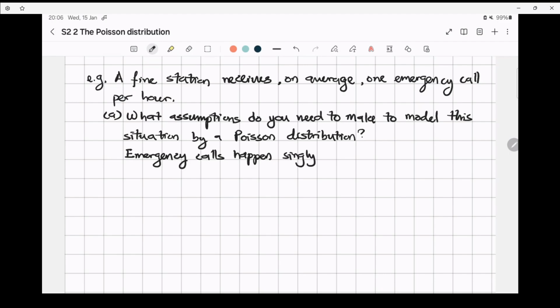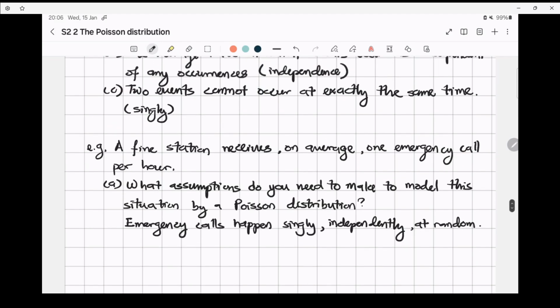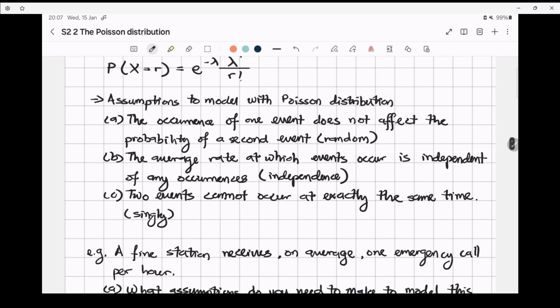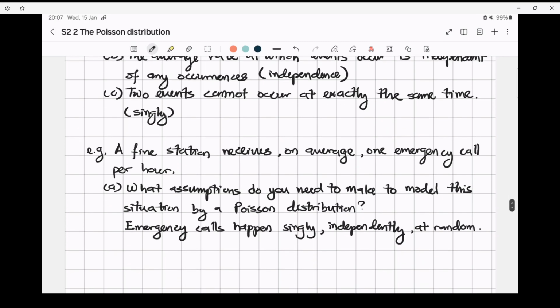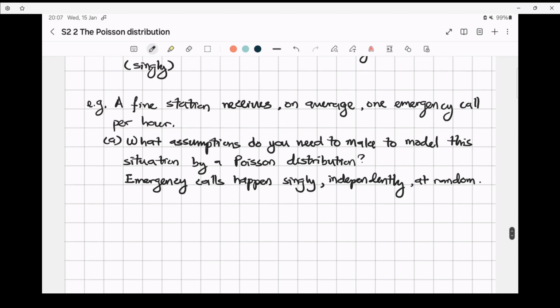Happen singly means that it will happen once per instant. So you will not receive more than one call at an instance. It also happens independently from each other. And it happens at random. So these three keywords are exactly A, B, and C: random, independence, and singly. Those are the assumptions that you would need to model this particular event as a Poisson distribution.